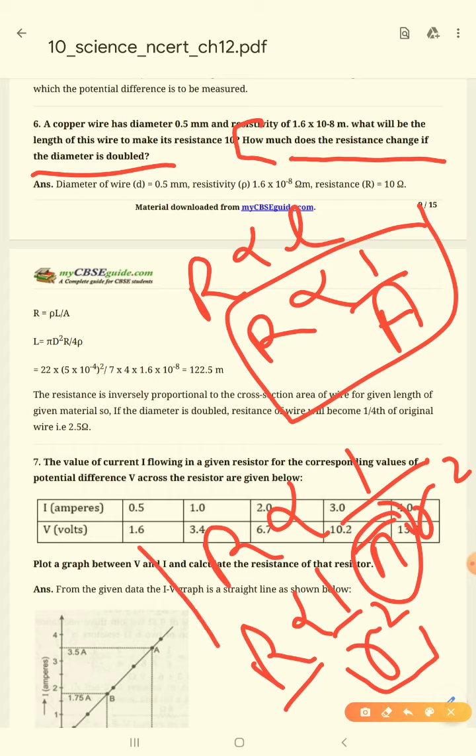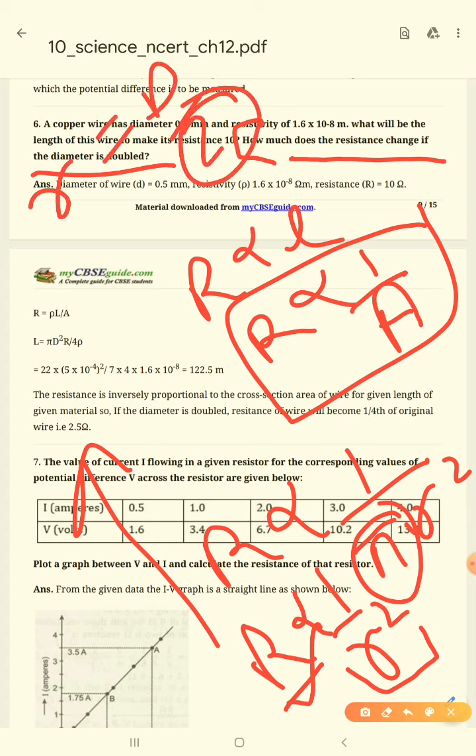And if we want the relation with diameter, we can do one thing, because we know r equal to d upon 2, and this term is also constant. When we use the proportional sign, we will not use any constant. Now R proportional to 1 upon d square we can write here. So R is inversely proportional to d square.